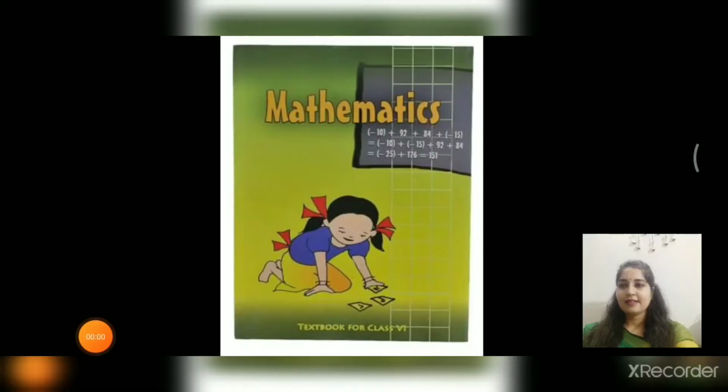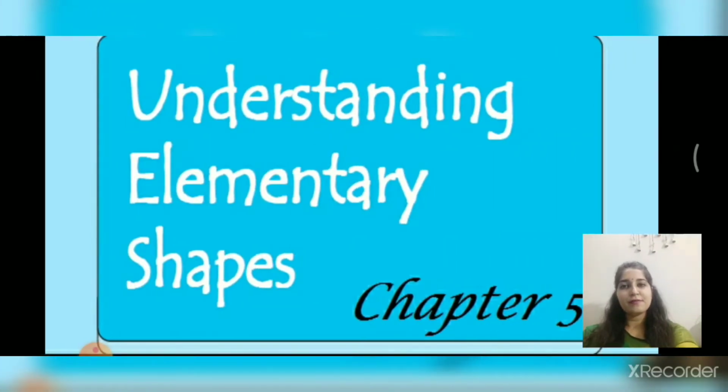So let's start with our maths book chapter 5, Understanding Elementary Shapes. Now open your book and try to understand the basic concepts.